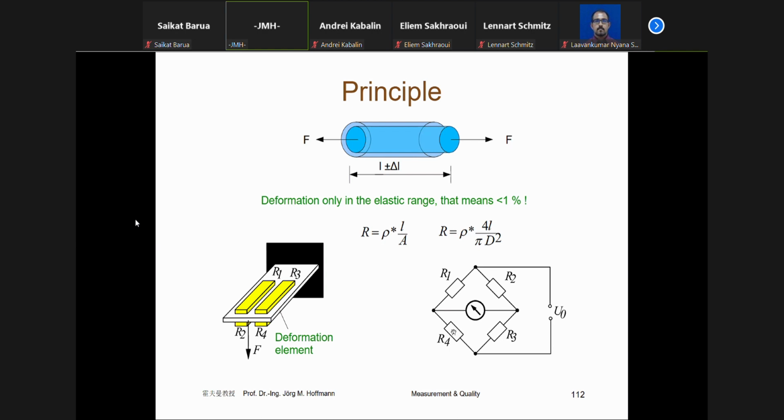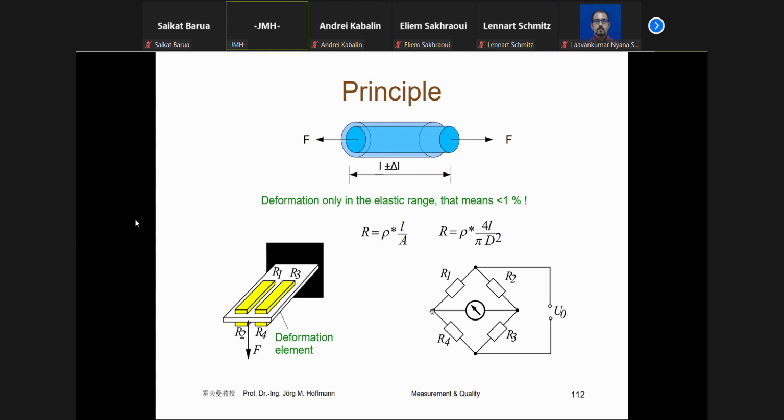A half bridge would also be possible, but in practice you normally use the full bridge every time, because you have then also the higher sensitivity. But now, when you see the full bridge, when you heat up R1 and R2, both increase the resistance, but on both sides of the bridge.